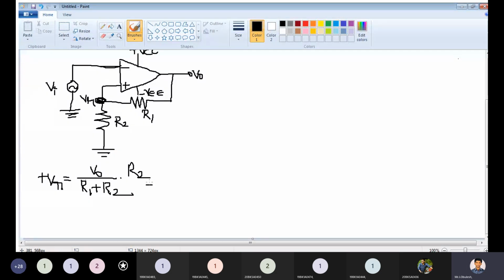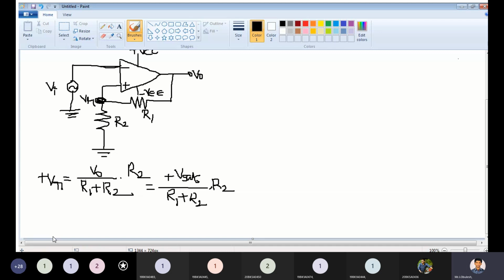V naught is nothing but positive V saturation, V sat, divided by R1 plus R2 into R2. So this is the positive saturation region.